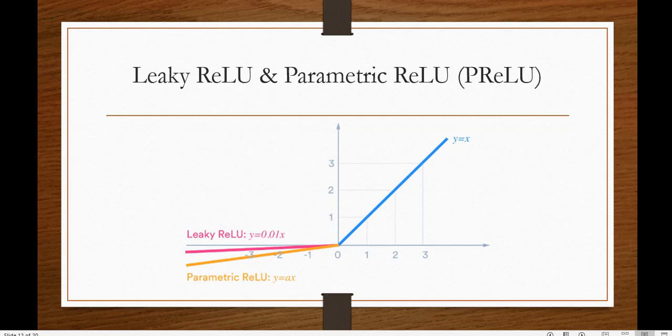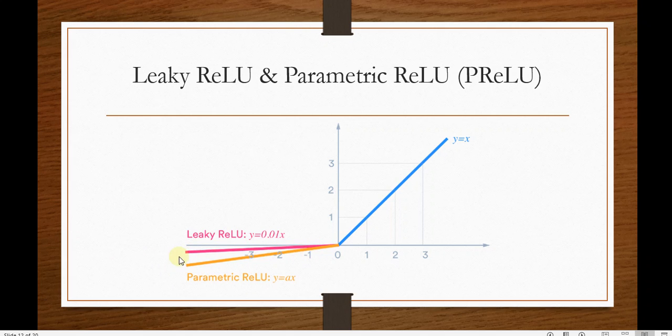Whatever the value of x in the negative direction, we always put y equal to 0, but here in leaky ReLU we are putting y equal to 0.01x, meaning I'm multiplying a small value with x, so that instead of 0 I'm getting a different, changing value of y.